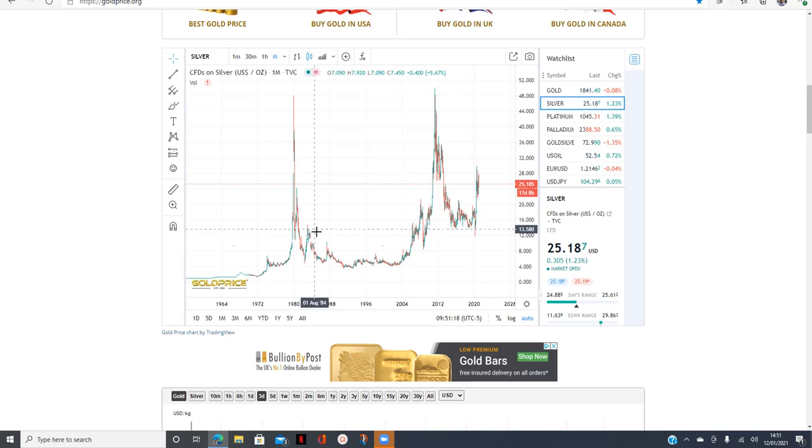Because these moves are vertical, and you tend to get very rapid moves because of the factors that are behind the rise and fall of the price of things like gold and silver commodities, which are measured in dollars, which is a currency which is being created at an exponential rate, then it makes sense to use the logarithmic price chart.